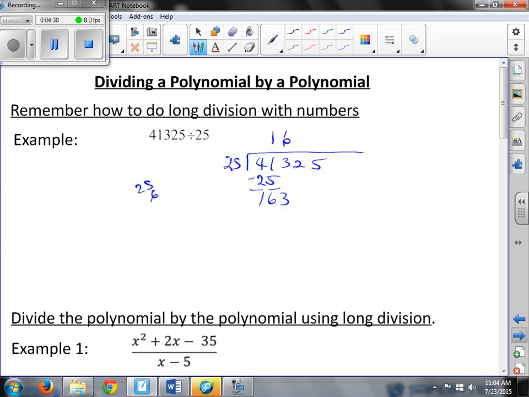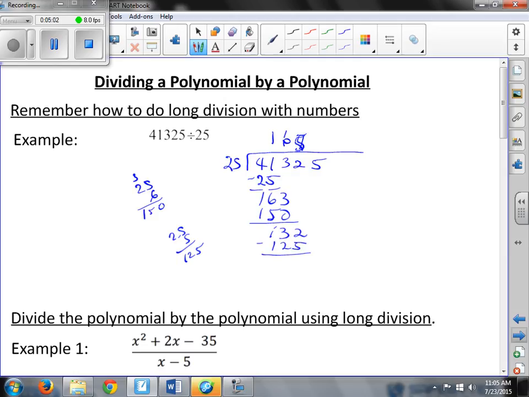25 times 6 is 150. When I subtract, I'll have 13, and I'll bring down the 2. 25 into 132 goes 7 times. No, actually it goes 5 times. 25 times 5 is 125.